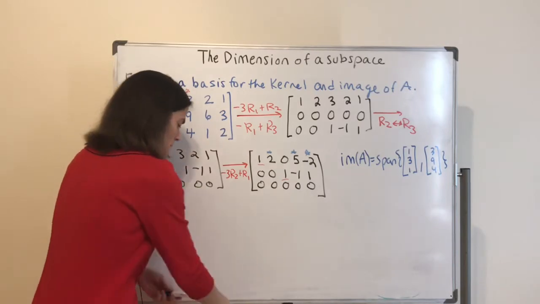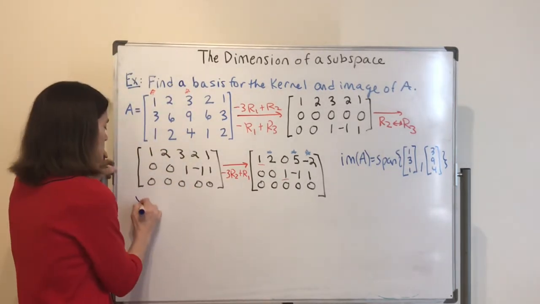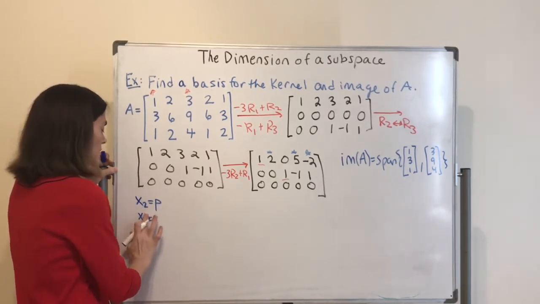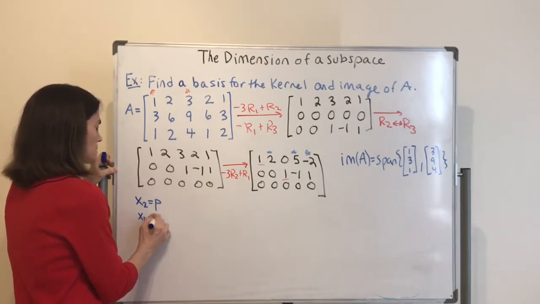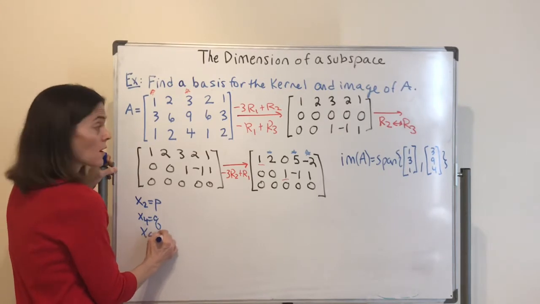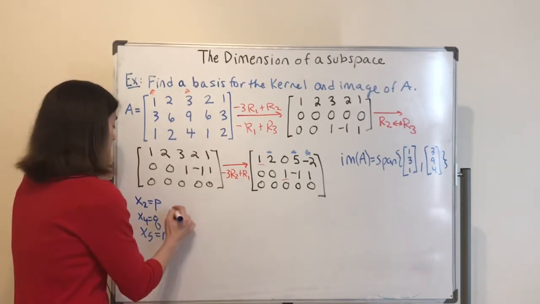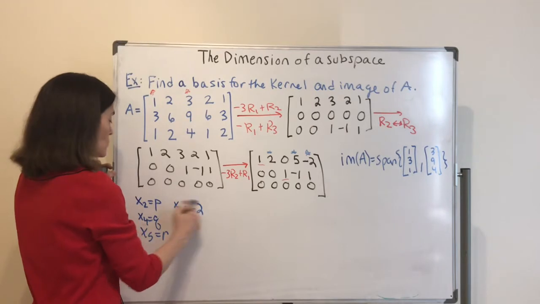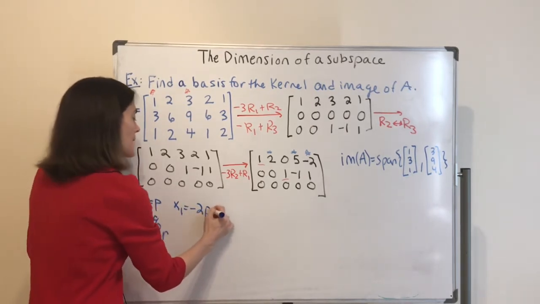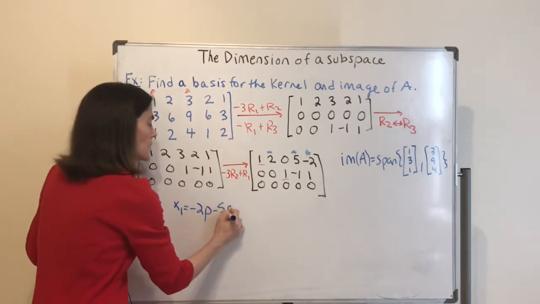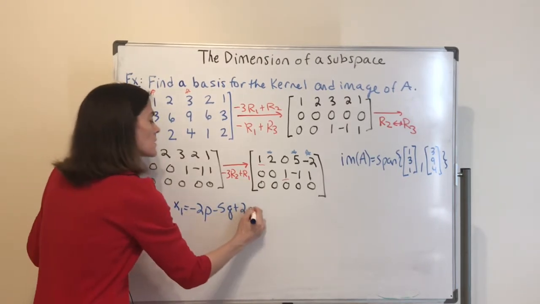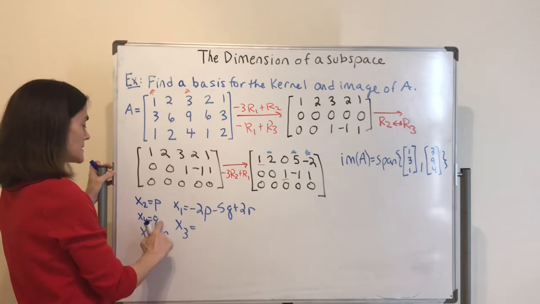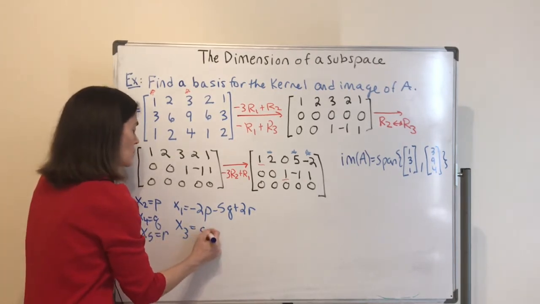And so let's see, if I set x2 to be P, x4 to be Q, and x5 to be R, what I have is that x1, if I move this over there, will be -2 P, -5 Q, and then +2 R, and x3, if I move these over here, is going to be in terms of x4 and x5, it'll be Q minus R.